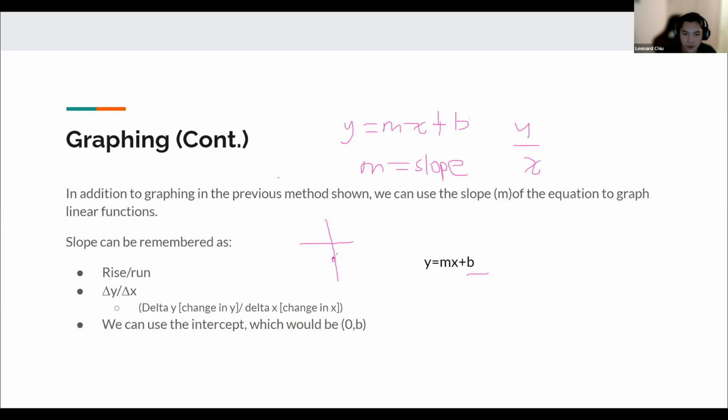So for example, this point is going to be (0, b). It's always going to be somewhere on this line. So for example, if the graph goes here, let's say this point is (0, -2), then b would be -2. That's the y-axis. Oh, yeah, Lydia, yes, good job. It's the y-intercept. All right, let's keep going.